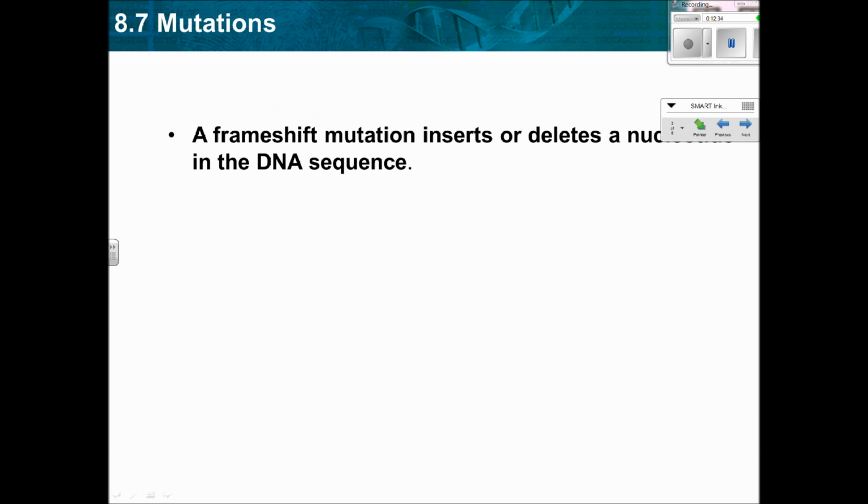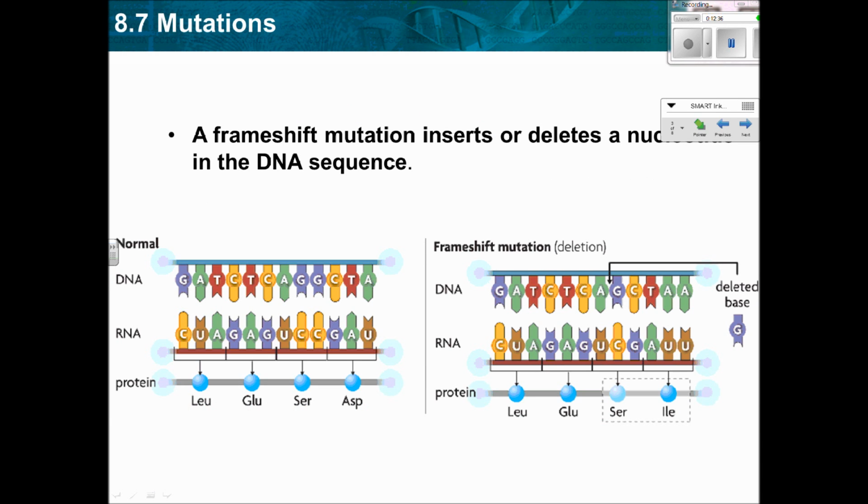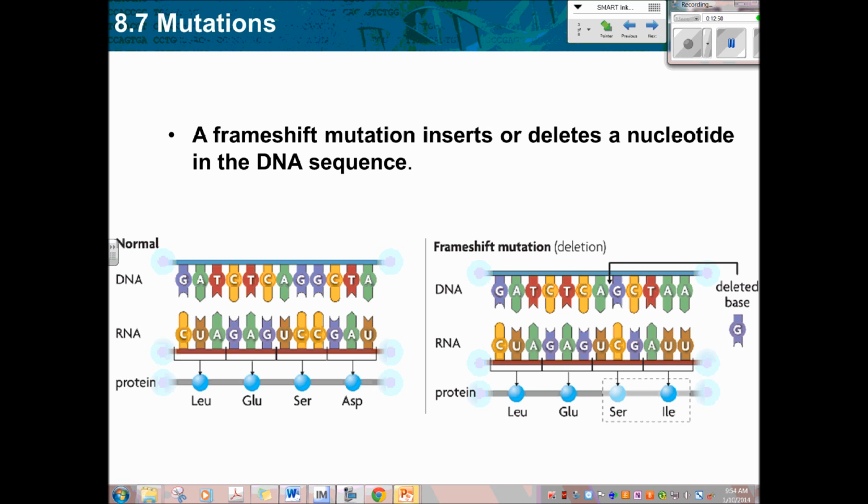Another type of gene mutation is worse. It's called a frame shift mutation. So second bullet, a frame shift mutation inserts or deletes a nucleotide in the DNA sequence. This reminds me of your scantrons. If you skip a number, you're supposed to bubble in 5, you missed it, and now you're bubbling 5 in on 6.